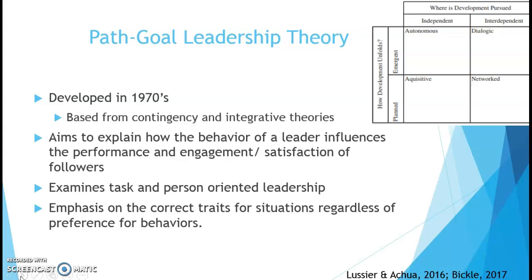So you can see depicted in the top right, we have an example of this. So we have a question of how development unfolds and where development is pursued. So we have independent and interdependent. We have planned and emergent. So if we have emergent and independent, we make an autonomous development. Whereas planned and interdependent really rely on a networked development.